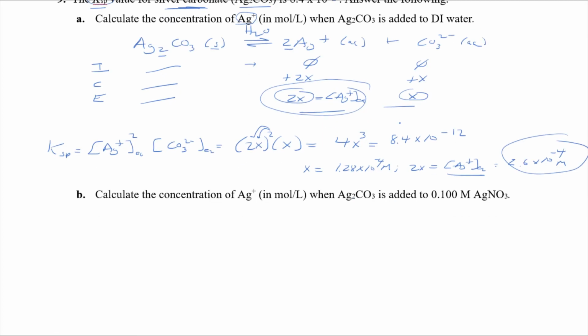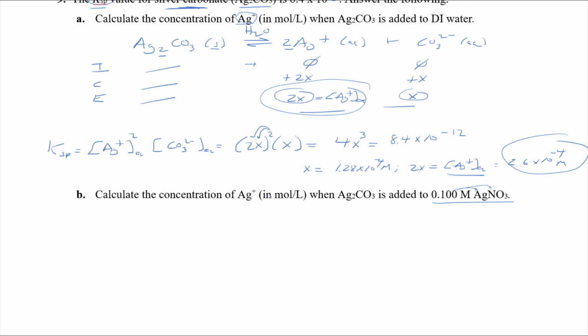Now the next question's a little bit more involved, right? You have to use the same setup, but here we're not dissolving it in pure water, we're dissolving it in this guy. And we've got some silver nitrate. Since this is a 1-to-1 salt, that's going to be 0.1 molar silver and 0.1 molar nitrate.